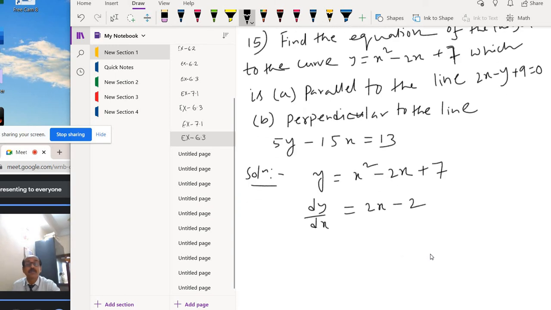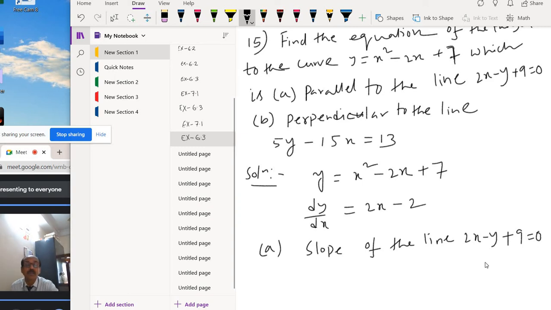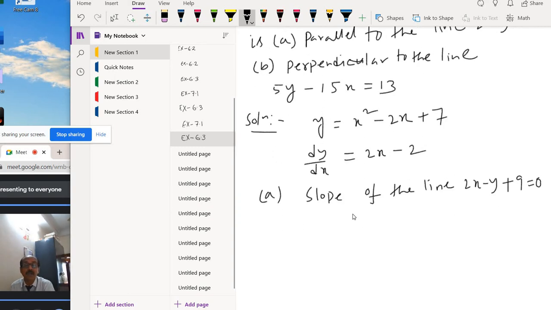Now, first question, parallel to the line 2x minus y plus 9 equal to 0. So find its slope. So slope of the line 2x minus y plus 9 equal to 0. Okay, so y equal to 2x plus 9. So we know y equal to mx plus c, m is the slope.